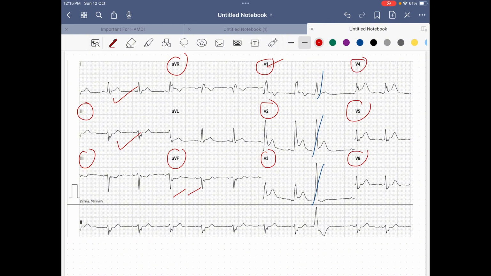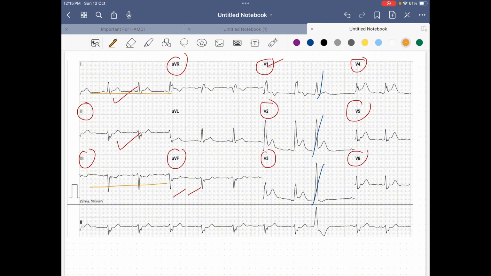But here, we can notice something else. We have depressions in lead 3, okay? Elevations, or things that are going to develop as elevations, in lead 1, okay? This is a pattern.